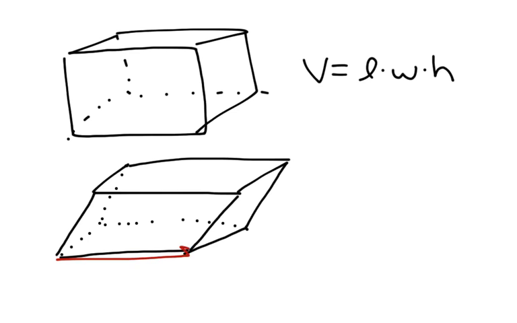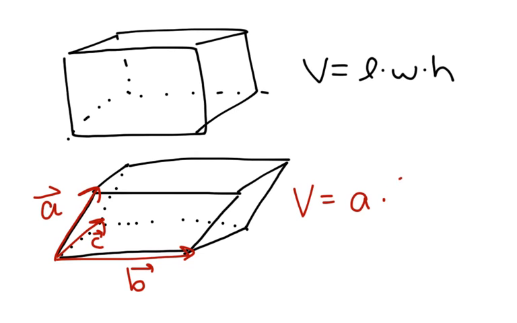So it's going to be the cross product of these 2 vectors. So we'll call this vector B and vector C. Well, then to find the volume, you need a 3rd dimension. That 3rd dimension is going to be A. So it turns out I can find the volume of a parallelepiped by doing the scalar triple product.